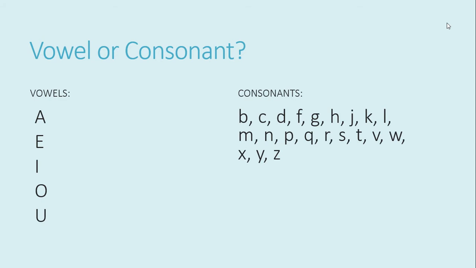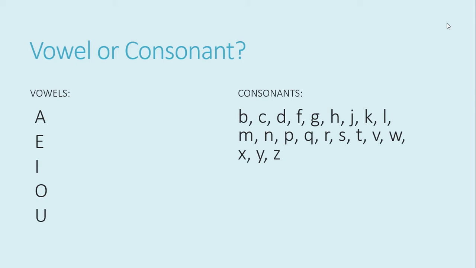So before we begin and get too technical with the spelling side of things, what you need to remember about dealing with letters and the alphabet is which letters are vowels and which letters are consonants. So when I say a vowel, I mean A, E, I, O, U. When I say the word consonant, we're talking about all the other letters that are in the alphabet.